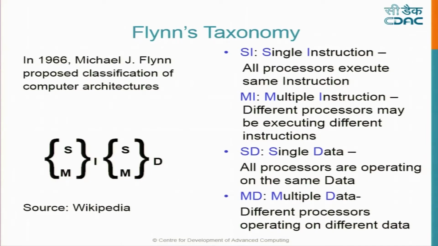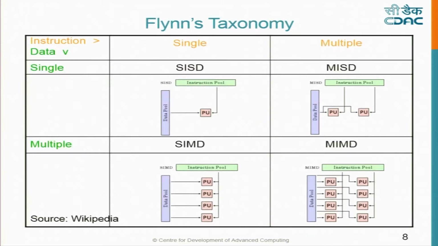The same attribute can be applied to data, wherein the data is single, in which case all processors are operating on the same data, or there are multiple data, which means the different processors are operating on different data. So with this we have 4 combinations: single instruction, multiple data, or multiple instructions, single data.